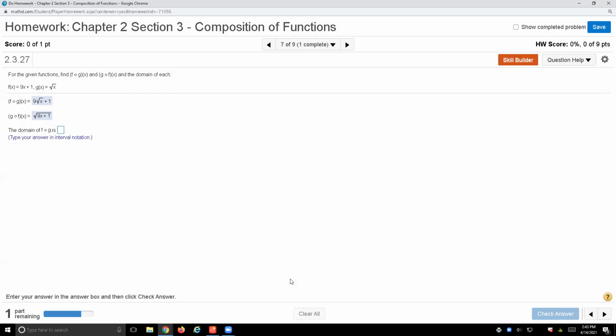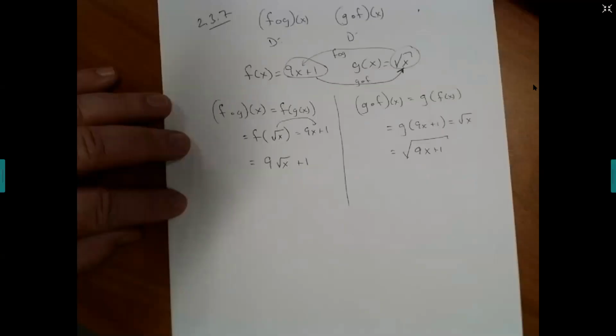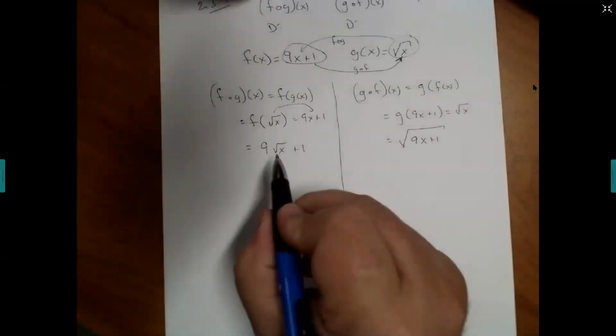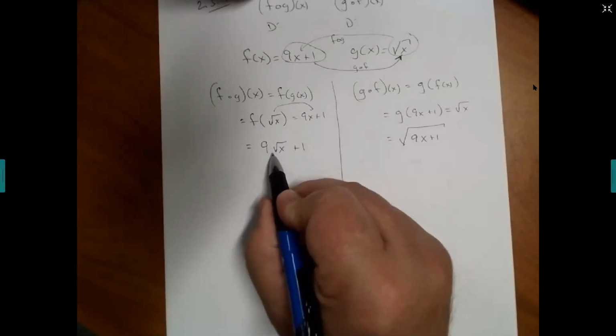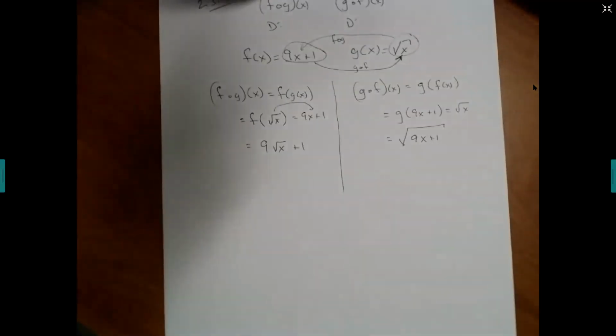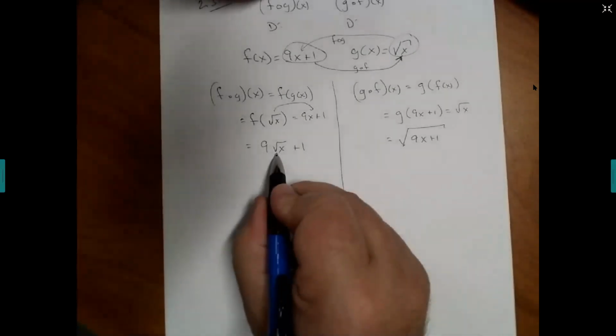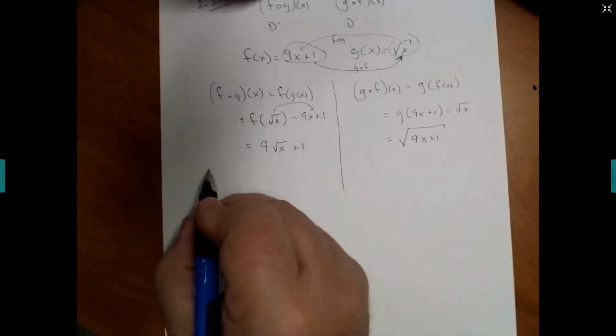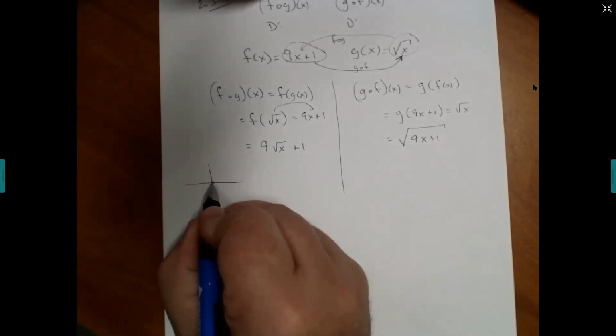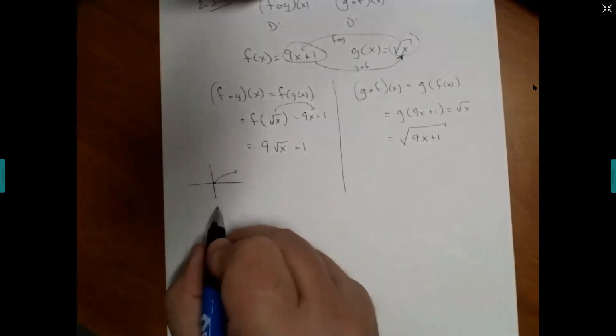Now the domain. The only thing we have to worry about here is violating what are my limitations of x. What is the domain of square root of x? Remember the graph of square root of x, right? You cannot have negative.